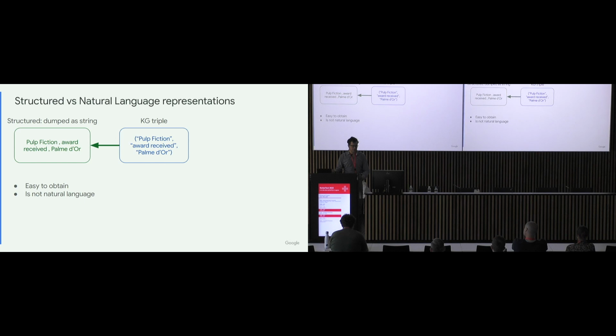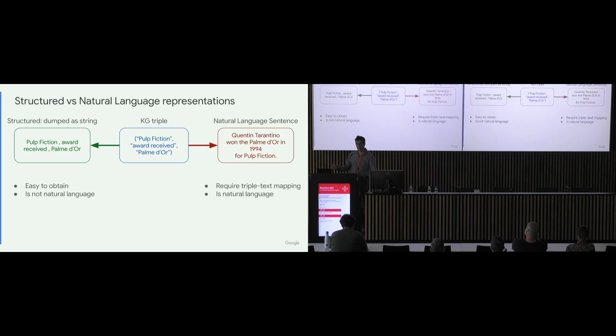like ERNIE and KELM that already tried to provide structured information to the large language models. Typically, because these LLMs are always traditionally trained on natural language, what these papers try to do is to align structured triples with natural language sentences. But this requires additional machinery.